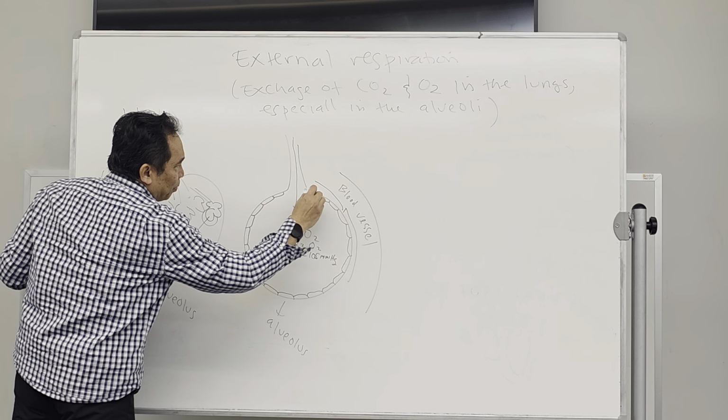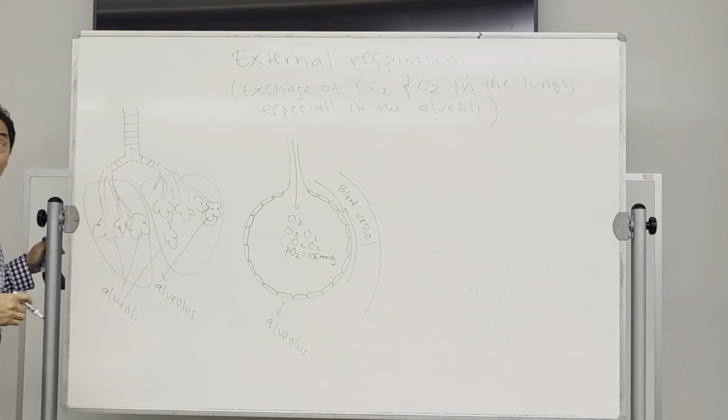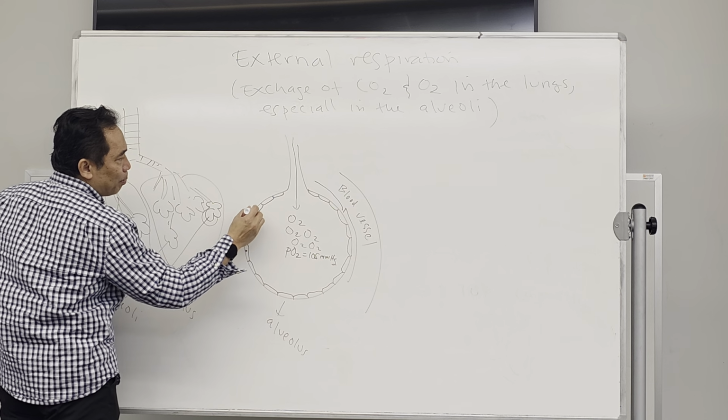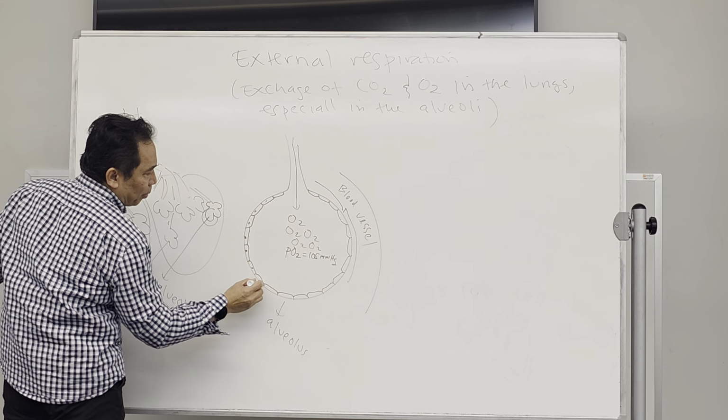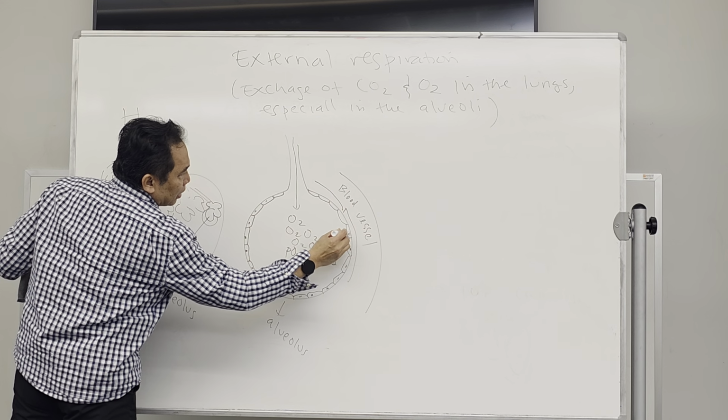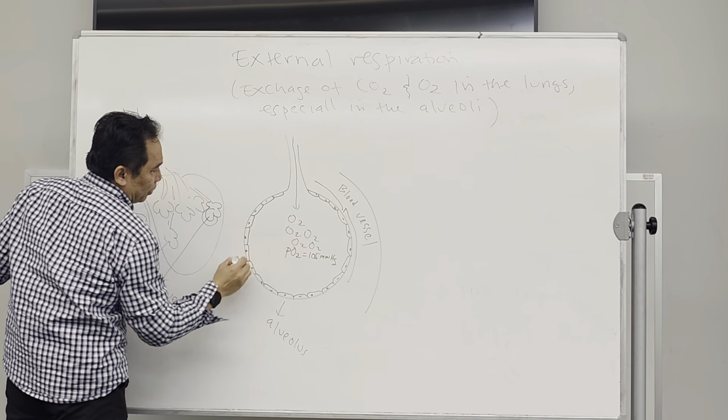There are several types: squamous, columnar, and cuboidal. So this one is squamous. Squamous means flat. So just one layer. Therefore, it's called a simple squamous epithelial tissue. One layer of this flat tissue.